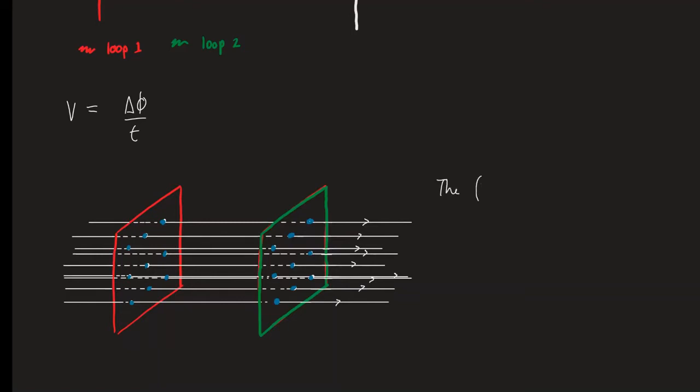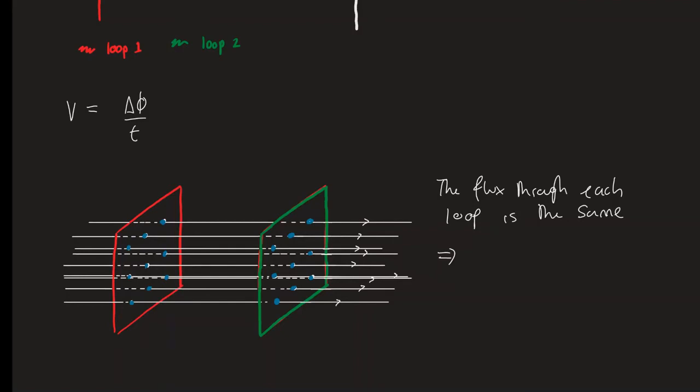So the flux through each loop is the same. And then we can take that even further. If they've got to be the same, they all have to have their flux change at the same rate.